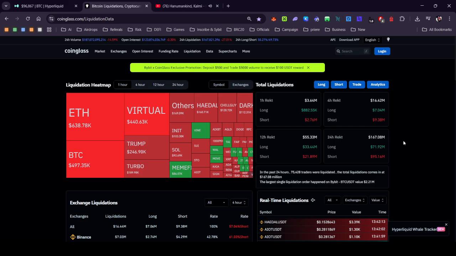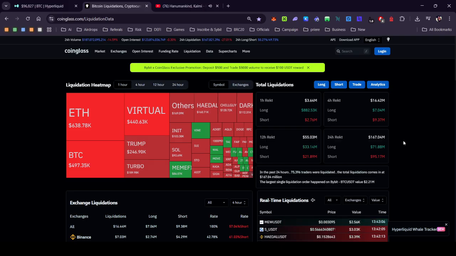Currently, for the past 24 hours, shorts have been wrecked more than longs. For the past 12 hours, shorts have $21 million in liquidation, while longs have $33 million in liquidation.